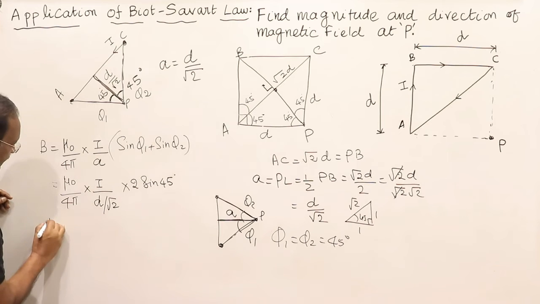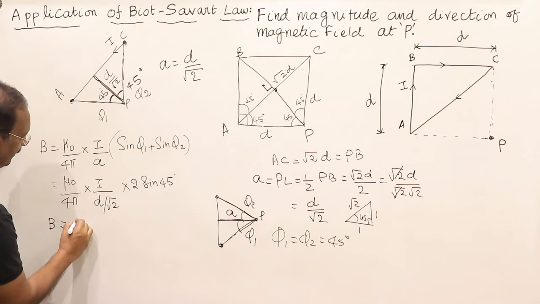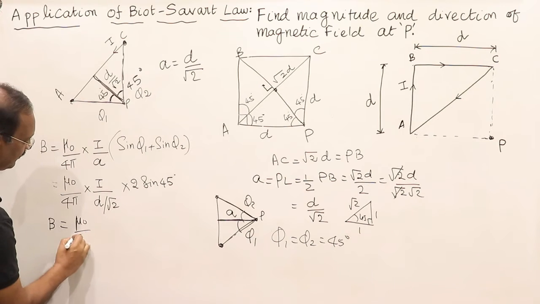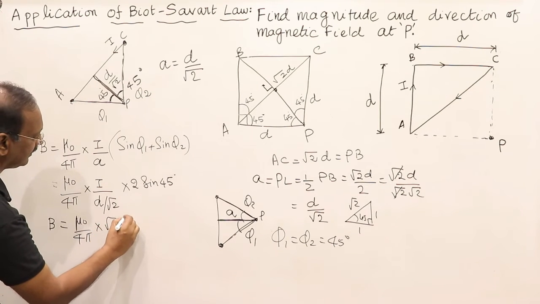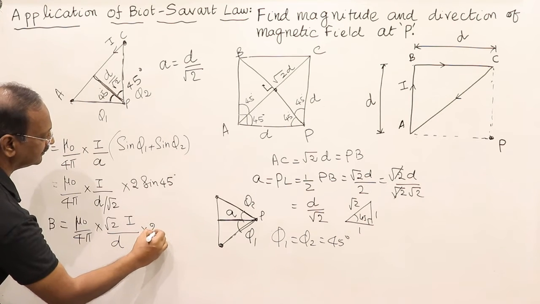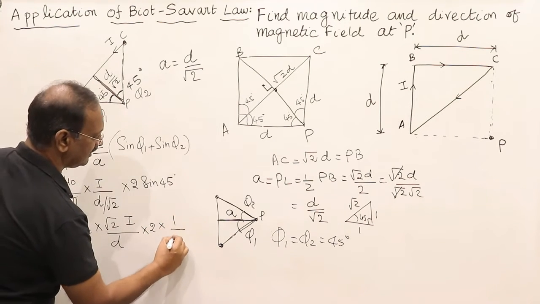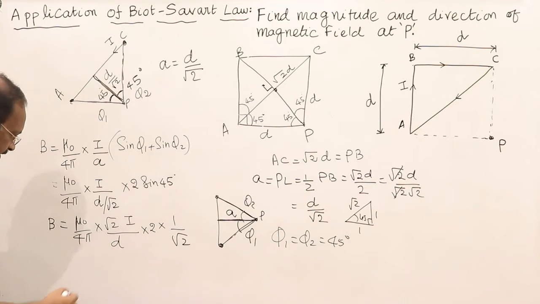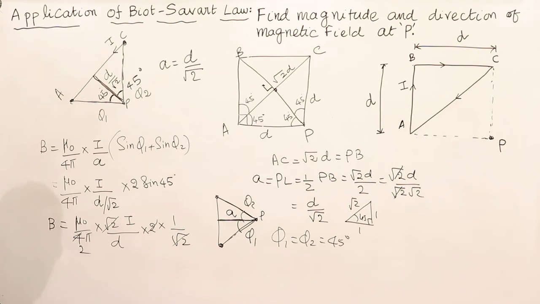So we can write the magnetic field is equal to mu naught by 4 pi into root 2 I divided by D into 2 into sin 45, which is 1 by root 2. So this and this get cancelled and this will become 2.